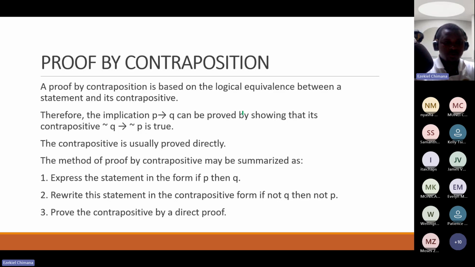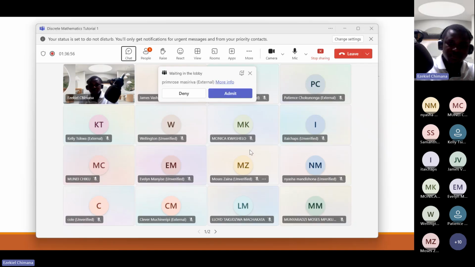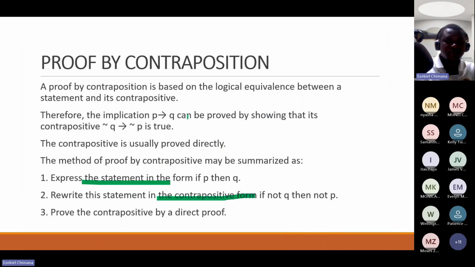So the method, the first thing is you need to express the statement in the form of if P, then Q. After that, rewrite this statement in the contrapositive form of not Q, then not P. So if you look at this, P implies Q. Its contrapositive statement is the negation of Q implies the negation of P, right?